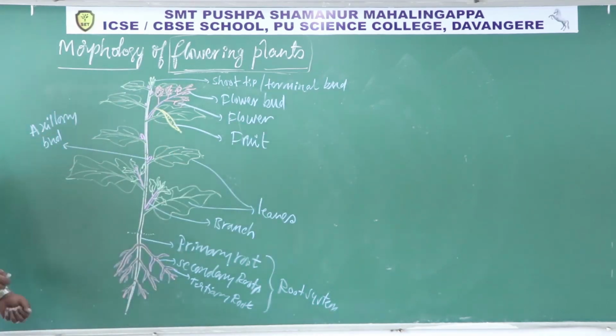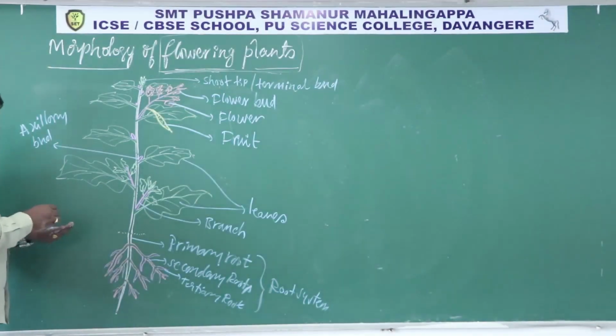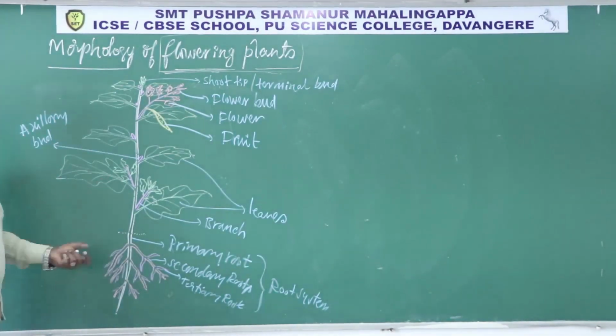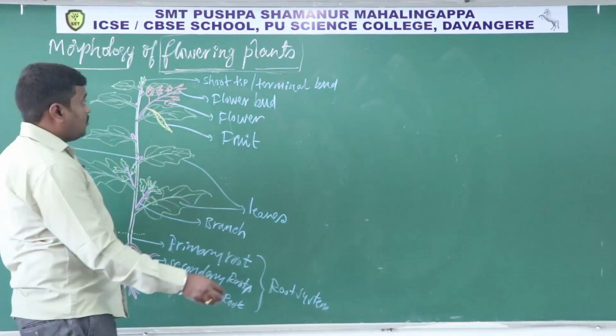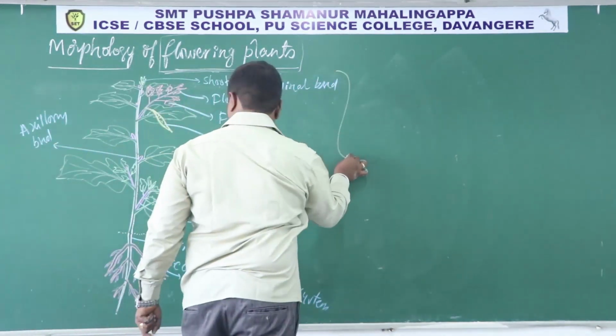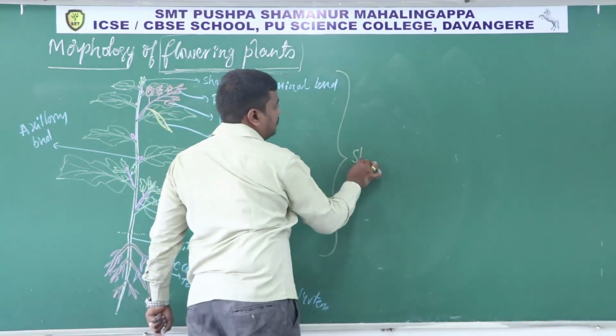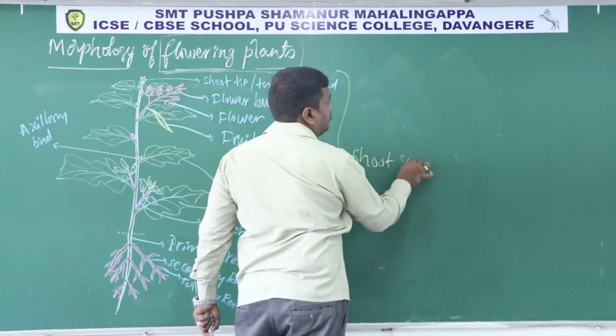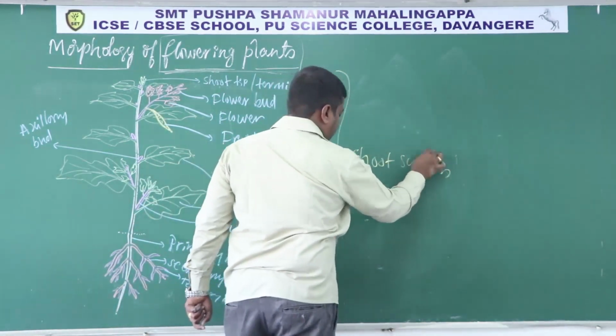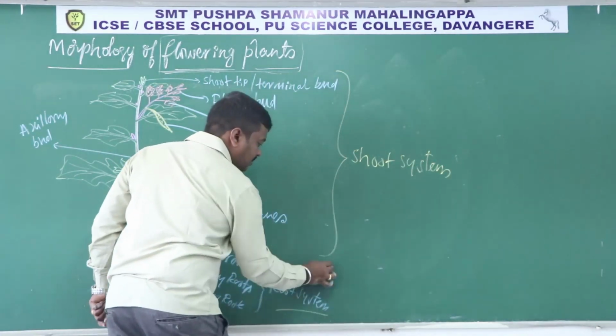Okay, so these are the basic external features of the plant. This is the overall morphological feature of the plant. So up to here it forms the shoot system, and this forms the root system.